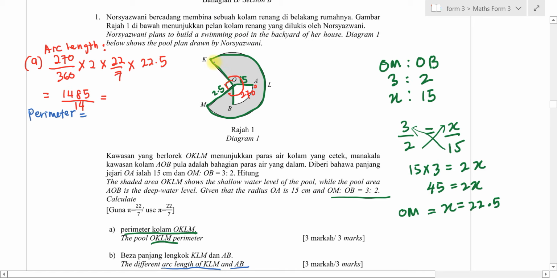Okay. So perimeter adalah, okay, I start with O, OK plus KLM plus MO. My bad. Okay, OK is the radius, which is 22.5. KLM, just now we find out 1485 over 14. And MO is another 22.5. You need to sum up this.